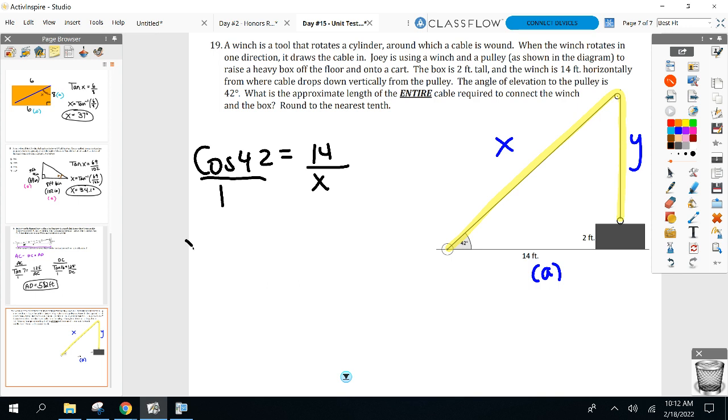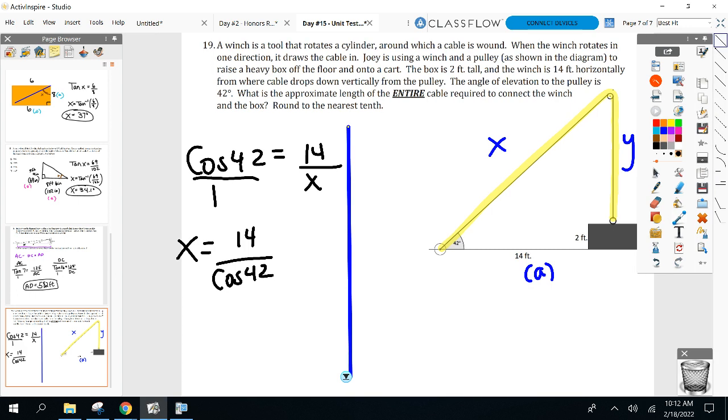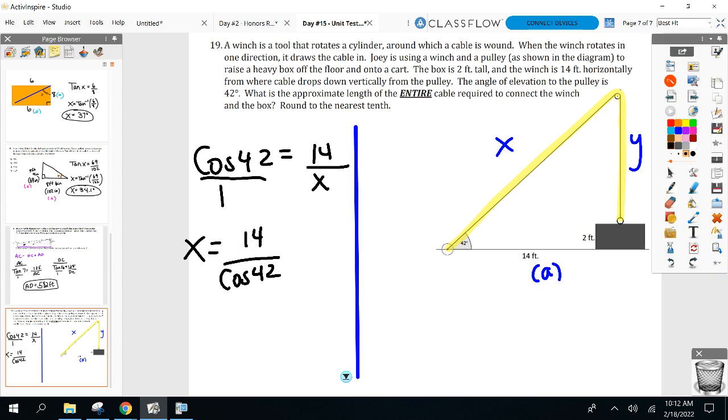You cross multiply, and you end up with 14 over cosine 42 in your calculator. Keep that whole decimal. Next, I'm going to find y, but everyone see the issue.